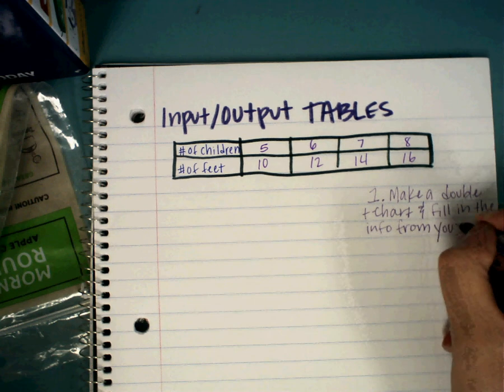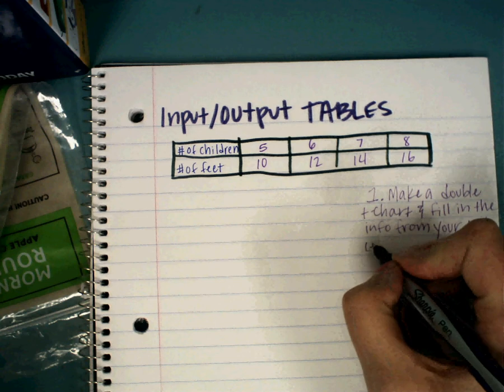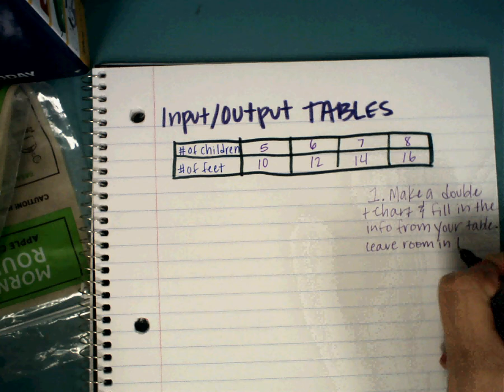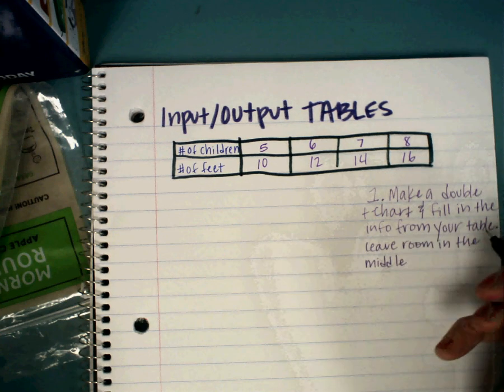And then you're going to leave room in the middle for a rule. All right, so that's step 1.